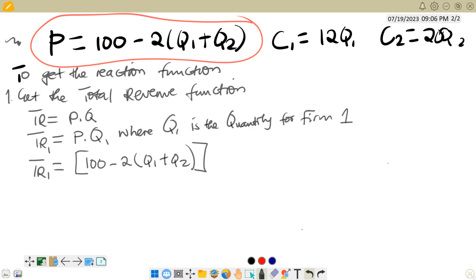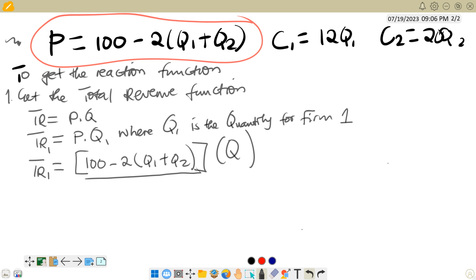So the way we get total revenue is by multiplying price and quantity. In the question, we've been told that price is 100 minus 2(Q1 + Q2). So this thing that we've written here is just the price, which must be multiplied by quantity, because total revenue is price times quantity.